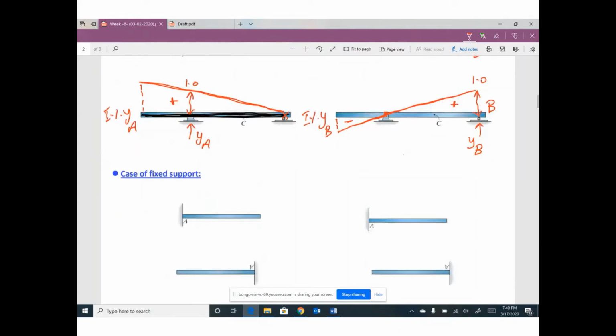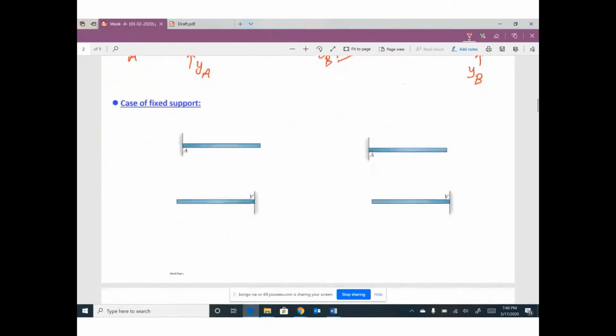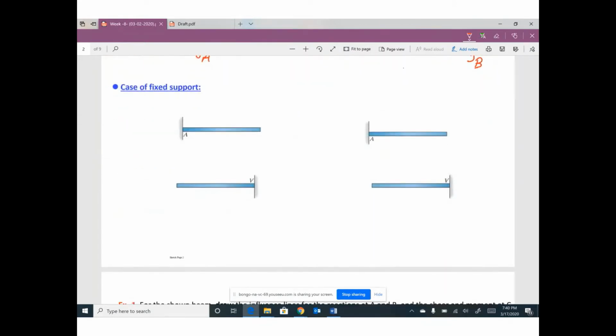If we have a case of fixed support, at the fixed support we have vertical reaction YA and a concentrated moment MA. Remember, at the fixed support we also have a horizontal reaction, but we don't care about horizontal reactions in beams in the case of influence lines, because your vehicle weight is vertical.